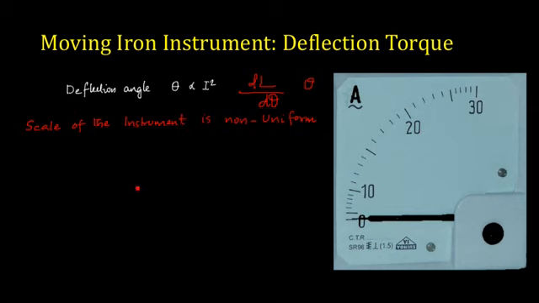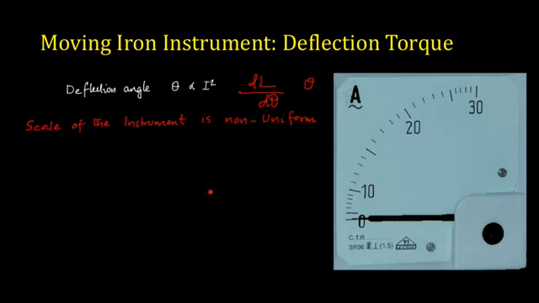Once θ is proportional to I², what happens? You'll have a non-linear relationship. As your current varies, θ is proportional to the square of the current. When you measure 1 ampere, θ will be proportional to the square of that. When you measure 2 amperes, it will be square of 2, that is proportional to 4.